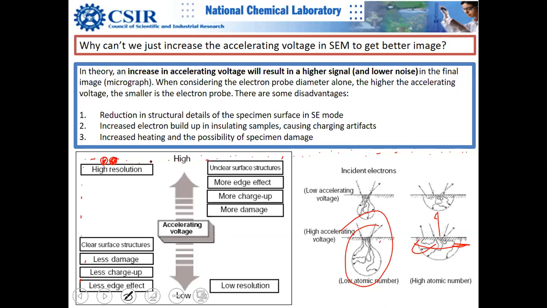If there is any minor effect of polarity on the outgoing secondary electrons, that will be just on the kinetic energy of the secondary electrons, and that will be completely masked by the positive voltage which is applied on the detector. So the secondary electron detector is insensitive to the polarity of the specimen.